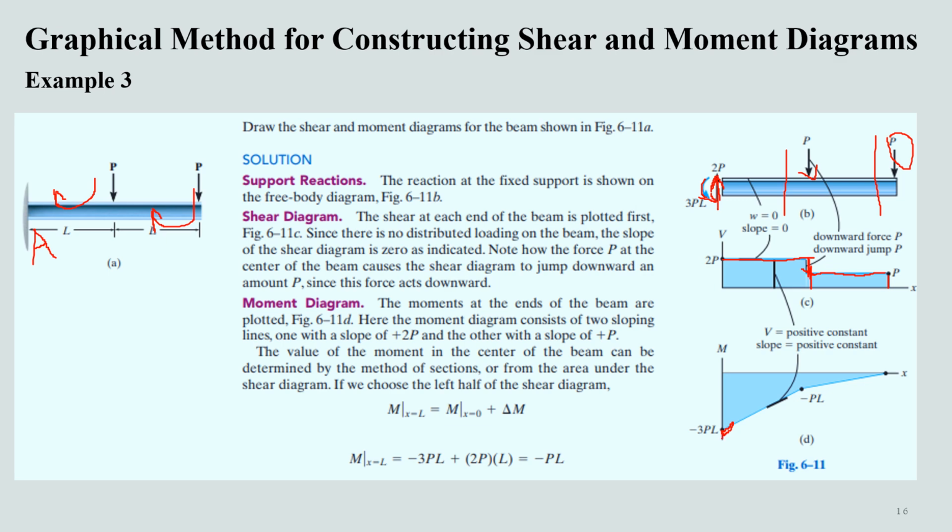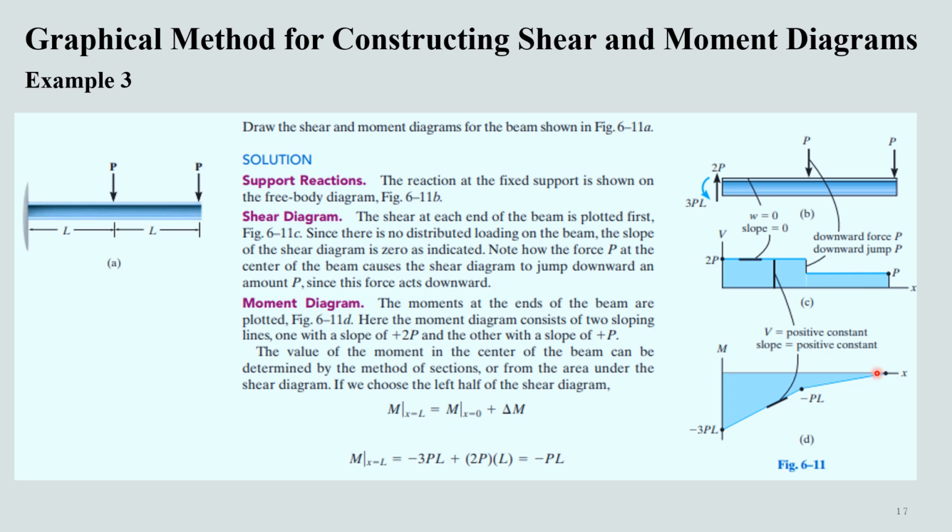The moment diagram consists of two sloping lines, one with a slope of plus 2P and the other with a slope of plus P.